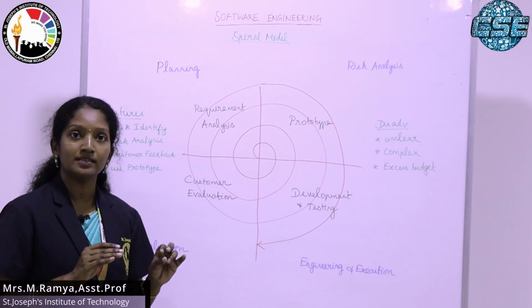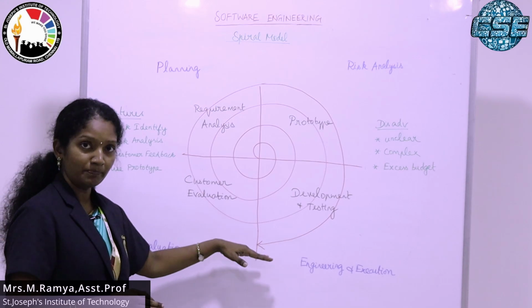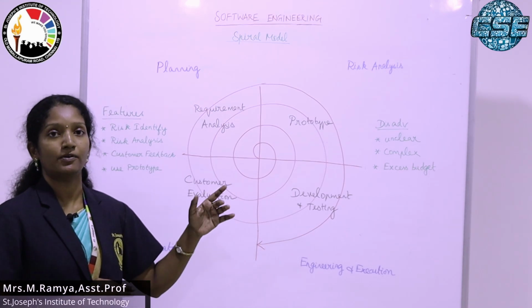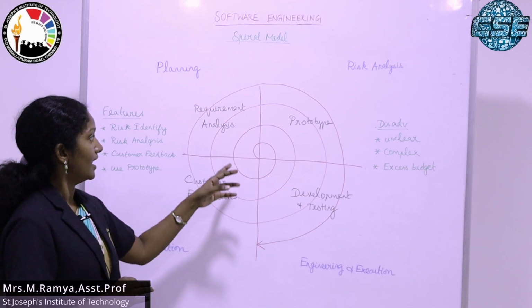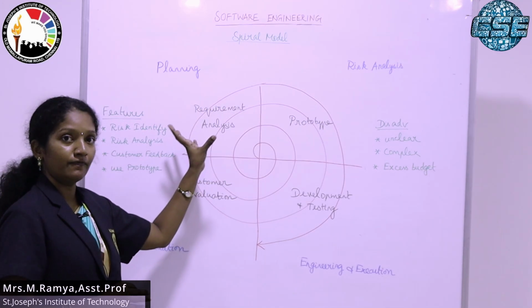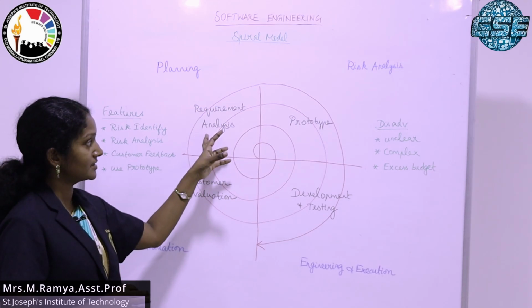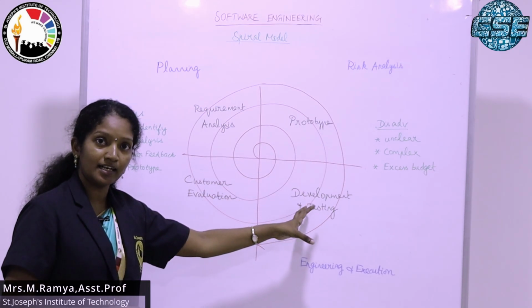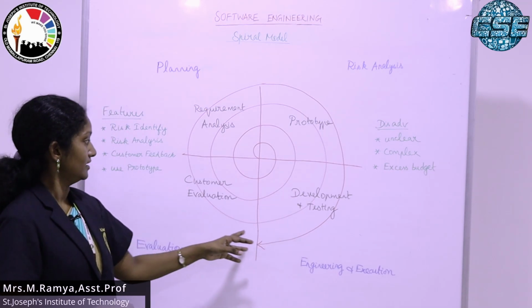If the customer is satisfied, we can stop here. But if the customer is still not satisfied with the product, the same steps are repeated: the requirement is got from the customer, then analysis, prototype, then development, coding, testing, and then evaluation.